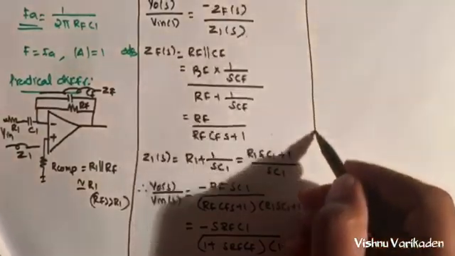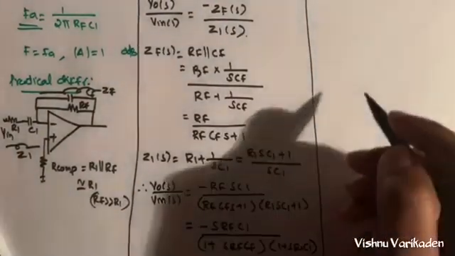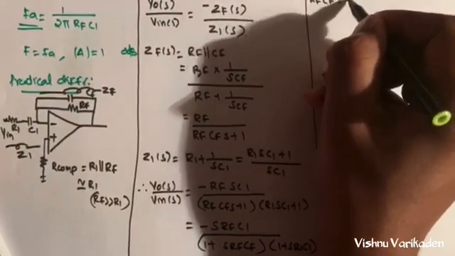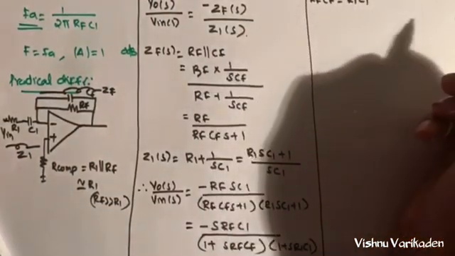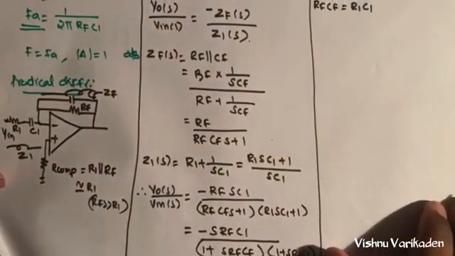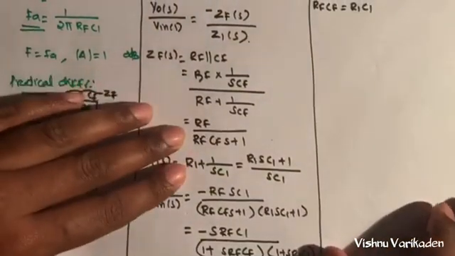Make an assumption that RF CF is equal to R1 C1.